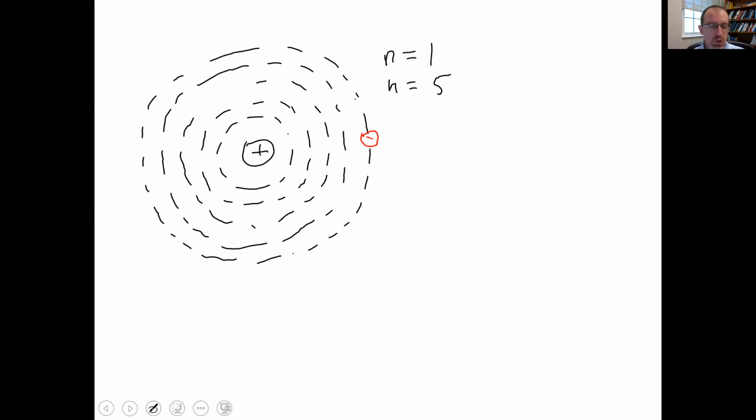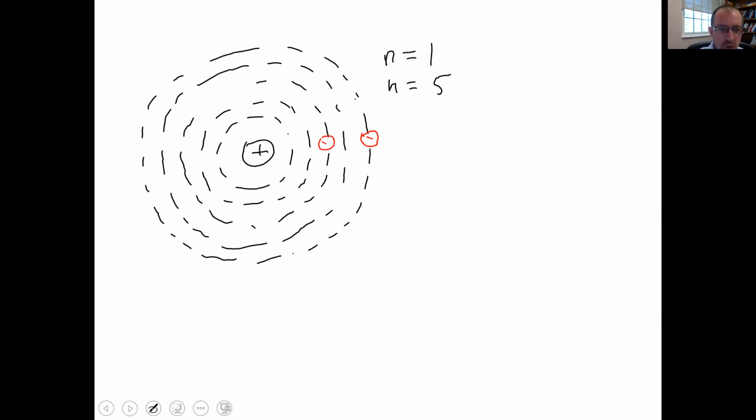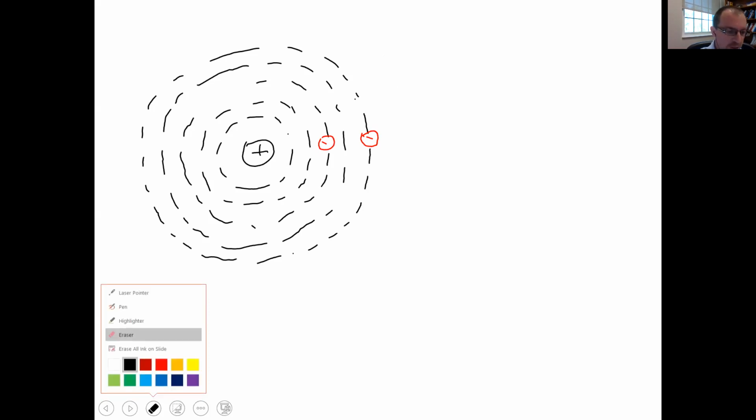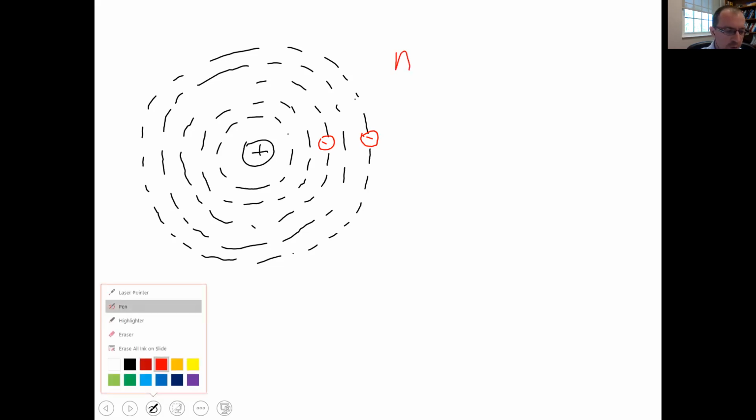There are all kinds of different transitions it could make. The one that I'm interested in for this particular discussion is if it were to drop from the n equals 5 orbital to the n equals 3 orbital. So we're going to use that idea that this electron drops from the n equals 5.